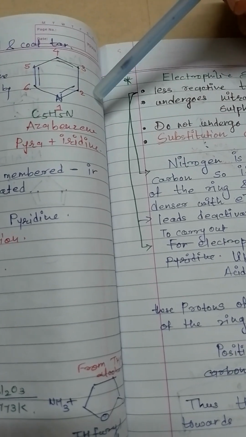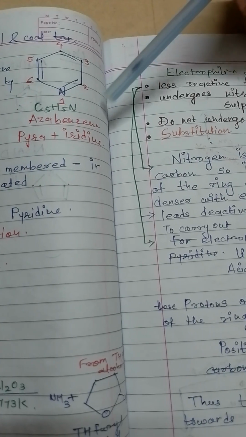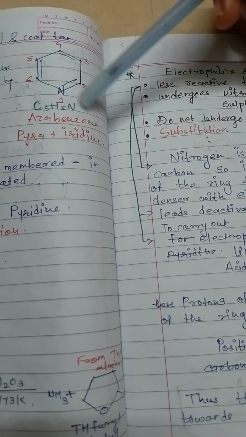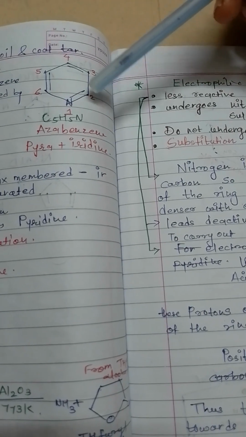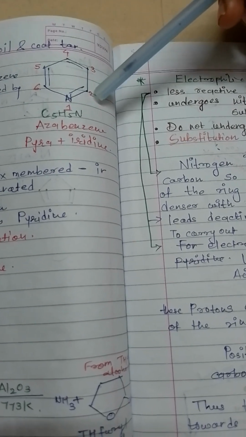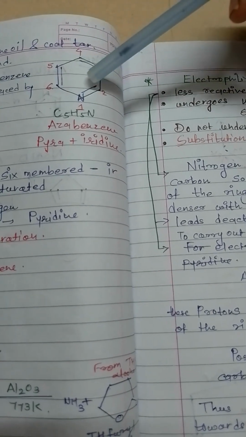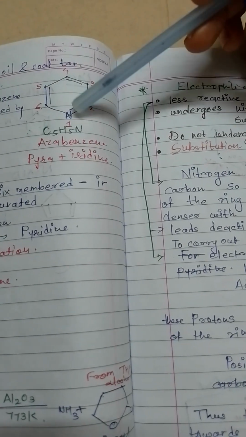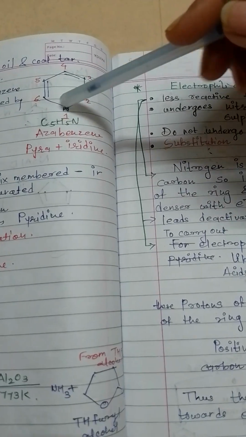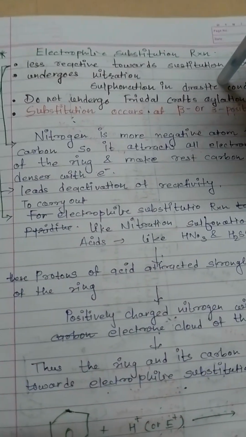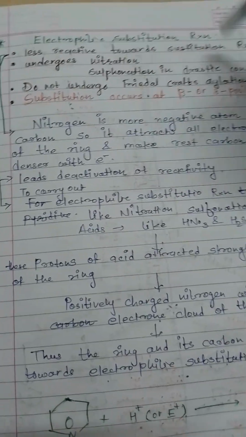An electron loving group, the electrophile, will not substitute this hydrogen atom because the carbon already has positive charge, as all electrons are more attracted towards the nitrogen. That's why this ring becomes less reactive towards electrophilic substitution reaction.